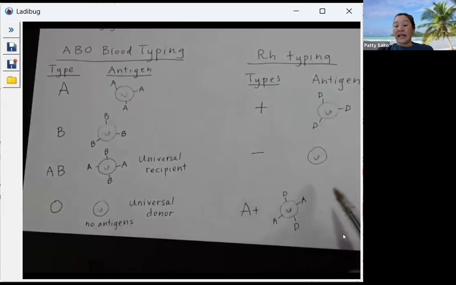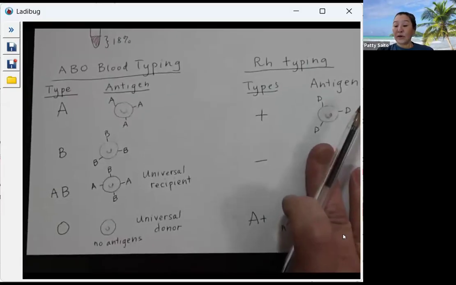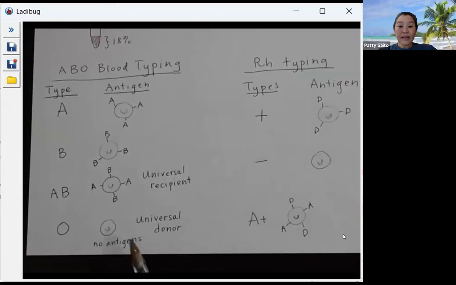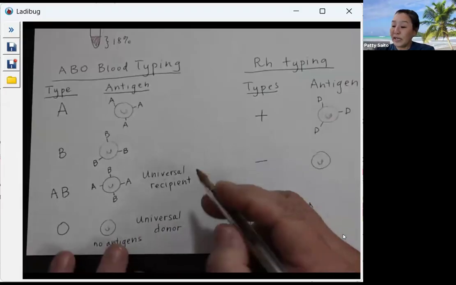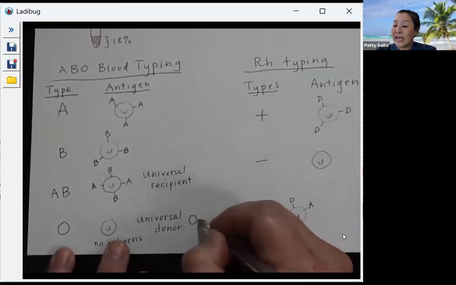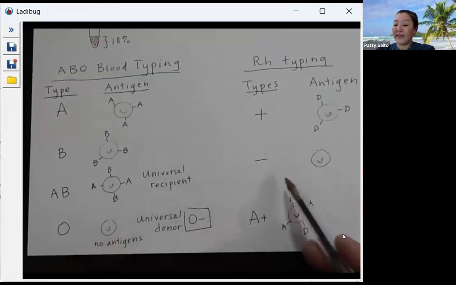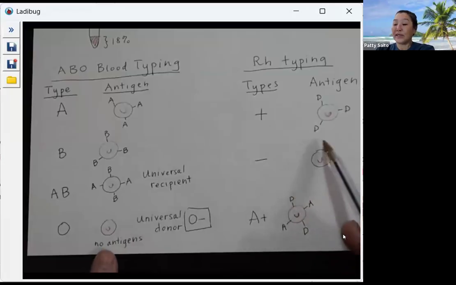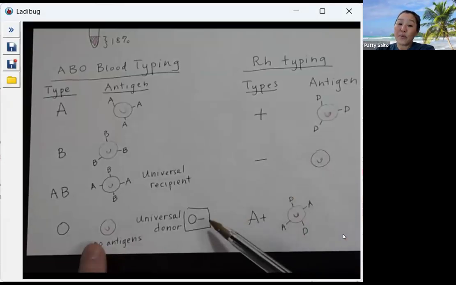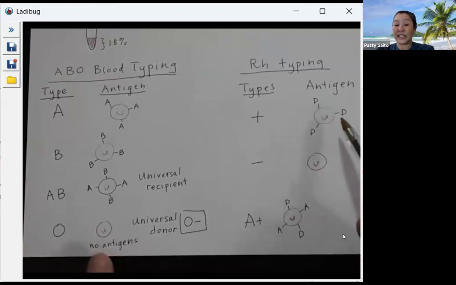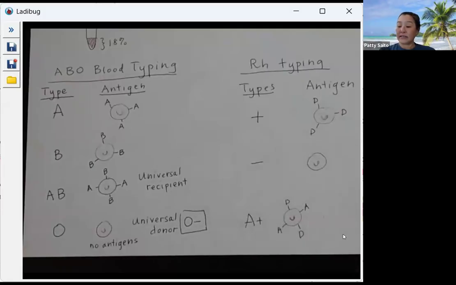So the best donor, the actual universal donor, is O negative, because negative and O means there's no antigens. If you're O positive, you do have the D antigen and you will cause a reaction in someone who does not have the antigen.